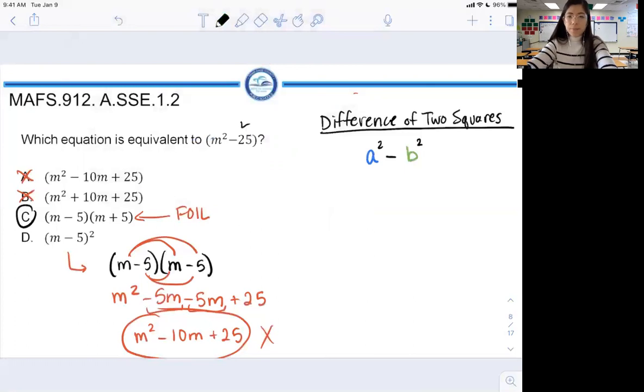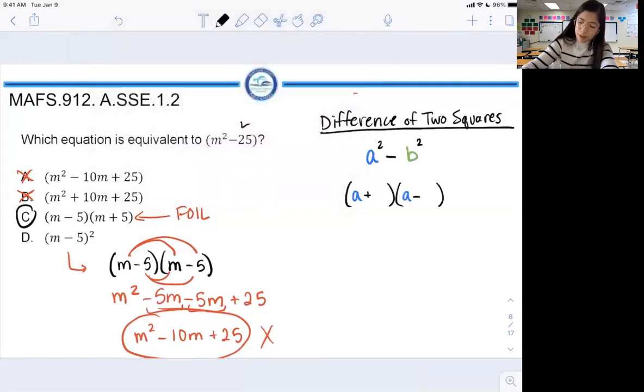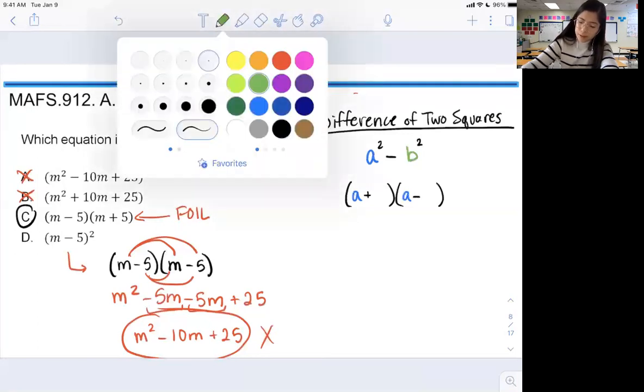They're subtracting. When you have the difference of 2 squares, you can factor it, and when you factor it, you will get A plus B and A minus B.